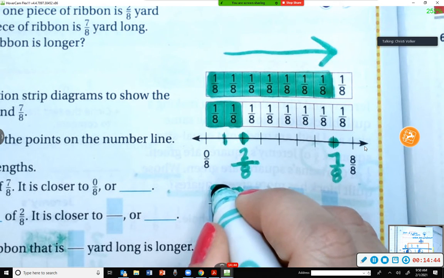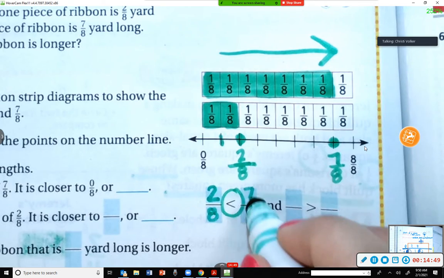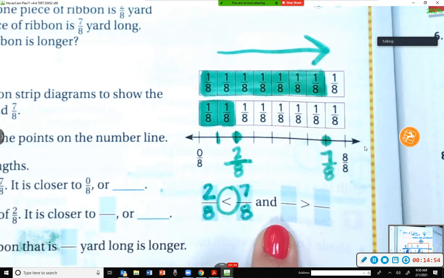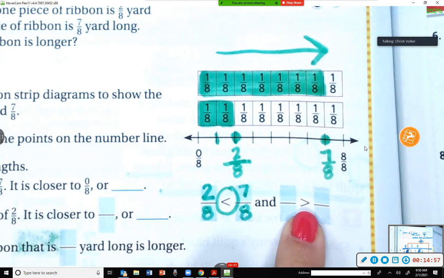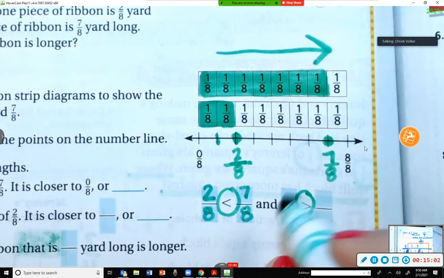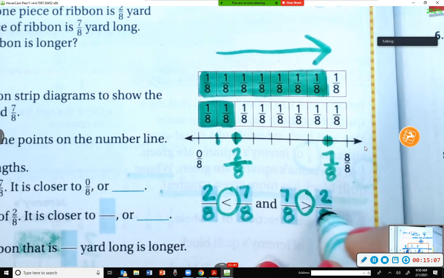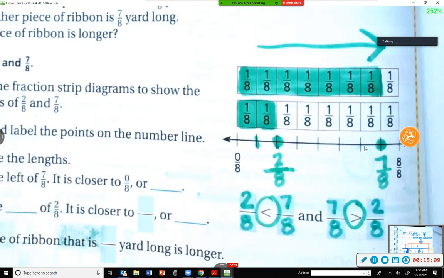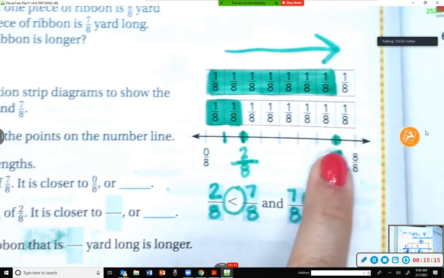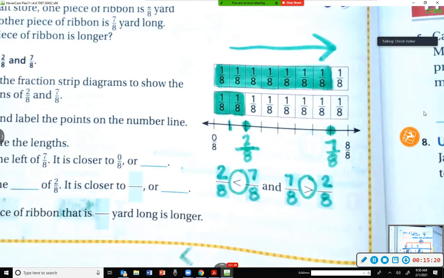So I need to put 2/8 on this side. 2/8 is less than 7/8. And how would I read that? 7/8 is greater than 2/8. Okay, so just remember, if it's further down the number line to the right, then that means it's greater. If it's on the left, it's less.